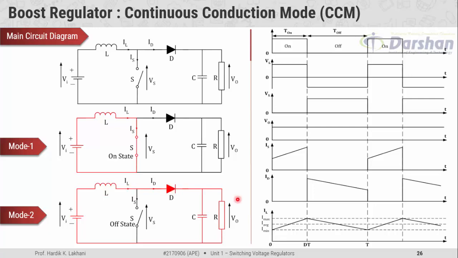So the current through the diode during the second interval is exactly same as the inductor current of mode 2. At the time instant T, when the current reaches the minimum value, then switch is turned on again and the mode 1 of the next cycle begins.